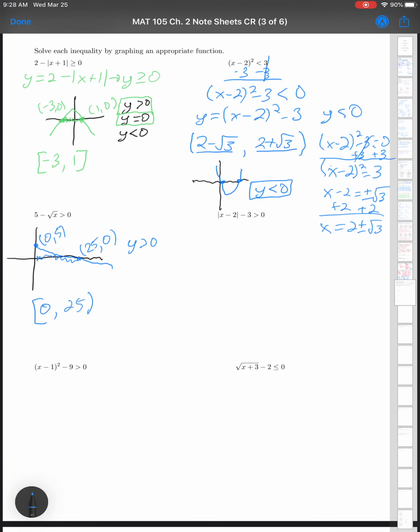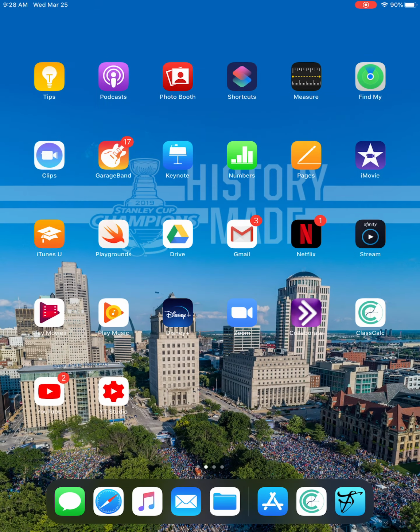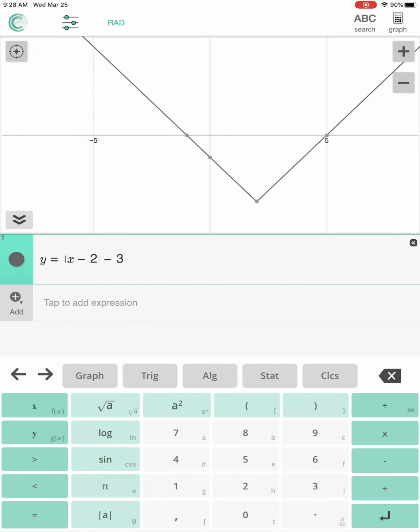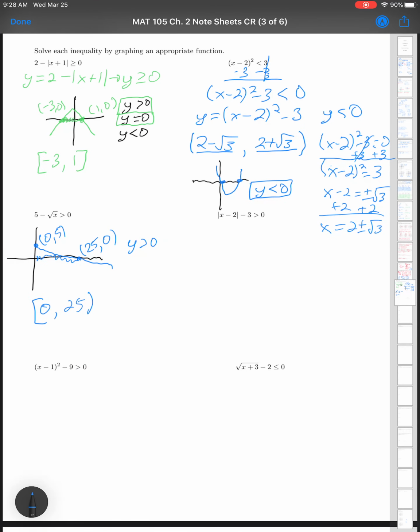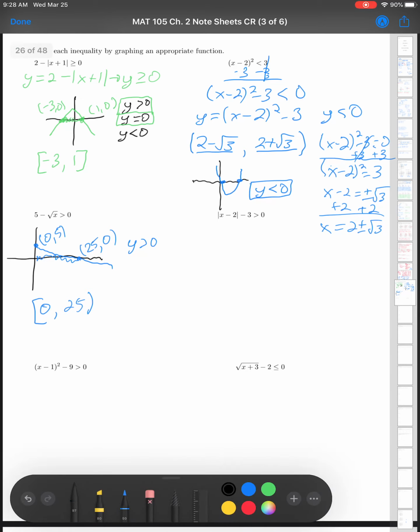And so in this case, we can see we want the part that's above the x-axis, right? Because we want to be greater than 0. So above the x-axis is actually going to be two different parts here. So this is going to be like our OR compound inequalities, right? We're going to have these two pieces, which we're solving an absolute value inequality. That's not necessarily surprising, but this can help us do that. So if I look at these endpoints, these x-intercepts, I get -1, 0, and 5, 0.